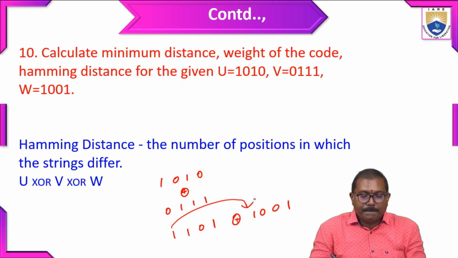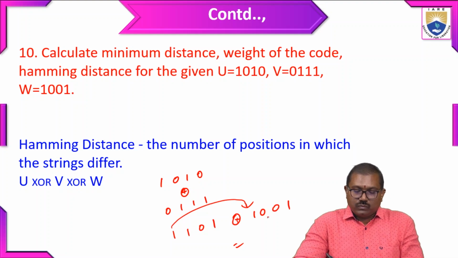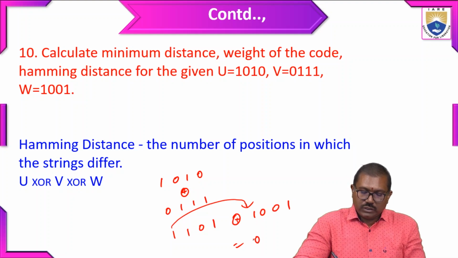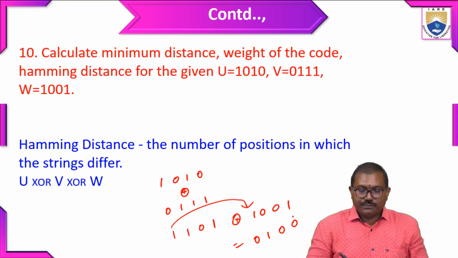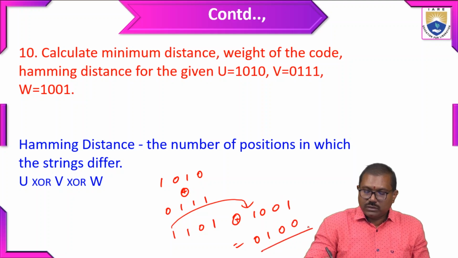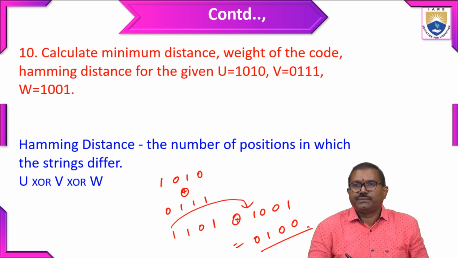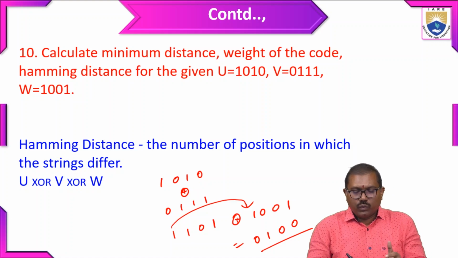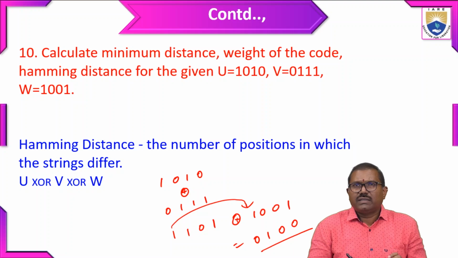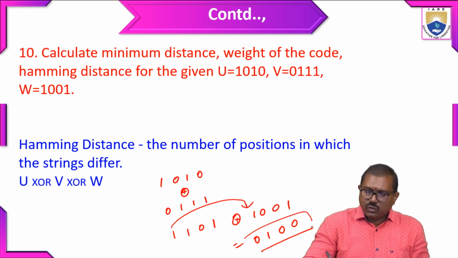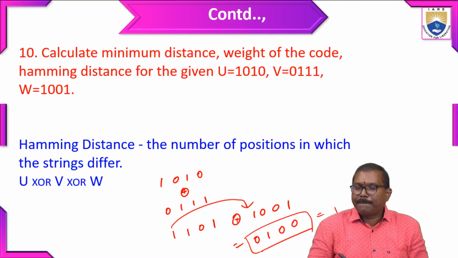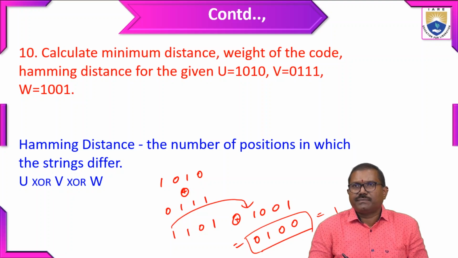XOR 1001 gives 0100. So that is the XOR of these three. Here the weight of the code is finally 1, only one non-zero element.